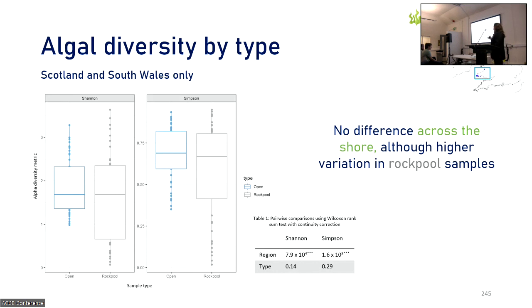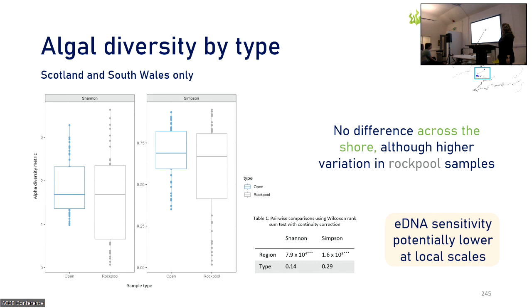So it makes sense, but to actually disentangle these patterns a bit more, I need more time to understand what's fully going on. So this could mean that eDNA has potential lower sensitivity on these much finer scales, but again, I need to look a bit more into it.